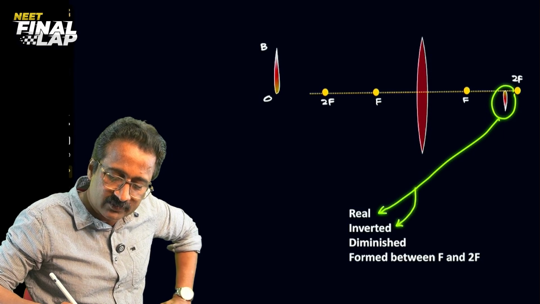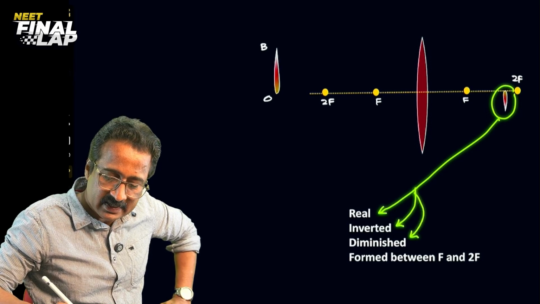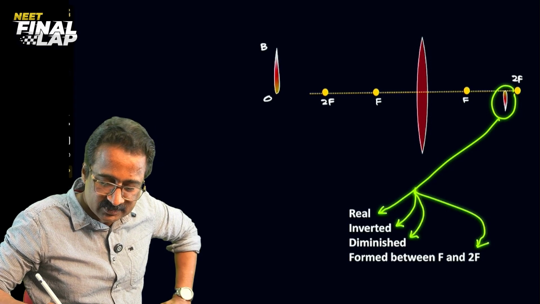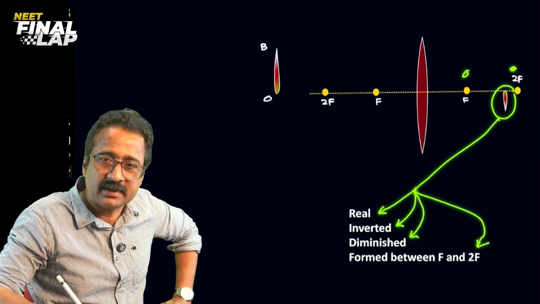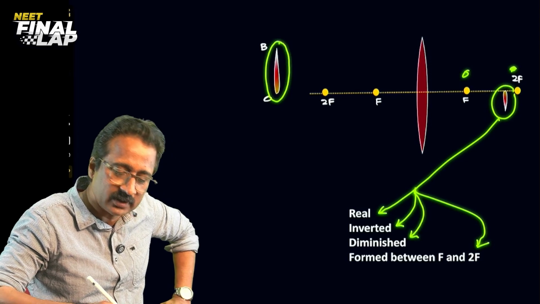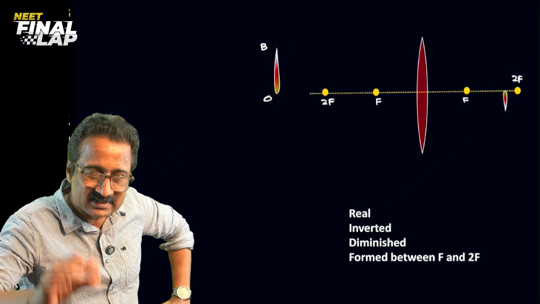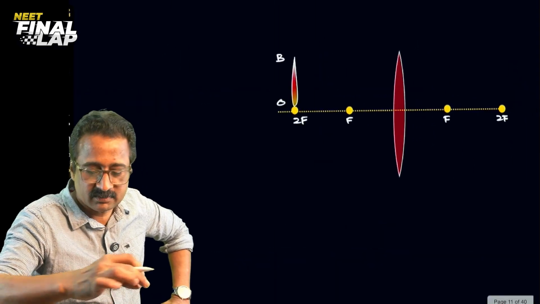Yes, it is an inverted image. It is size-wise diminished image, and where it is located, that also must be remembered. It is actually in between these 2 points, F and 2F. So the result is this. If you keep an object beyond 2F, you will get an image that is real in nature between F and 2F, which will be a diminished image.